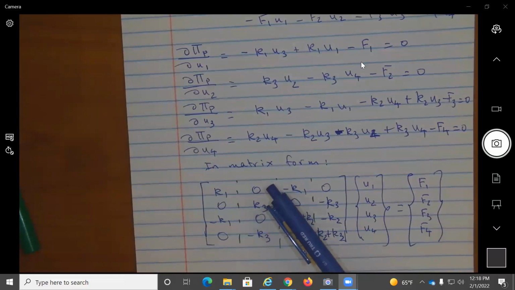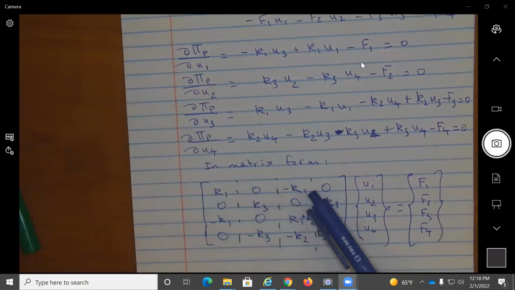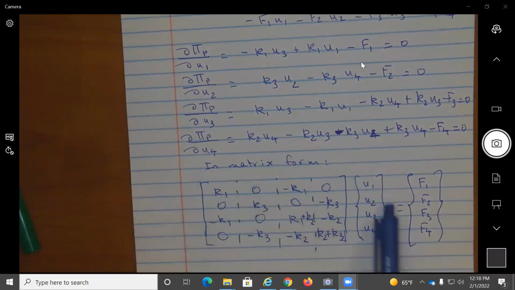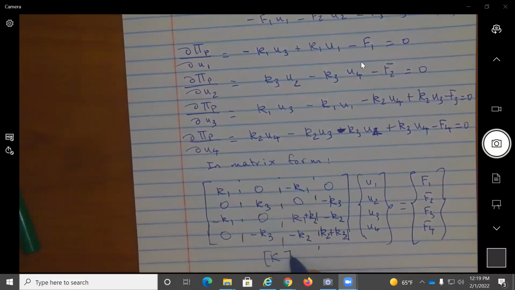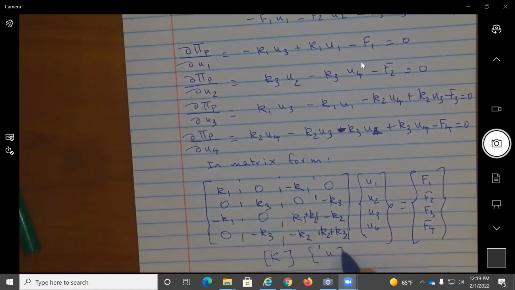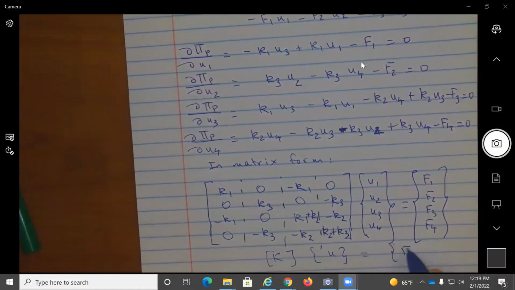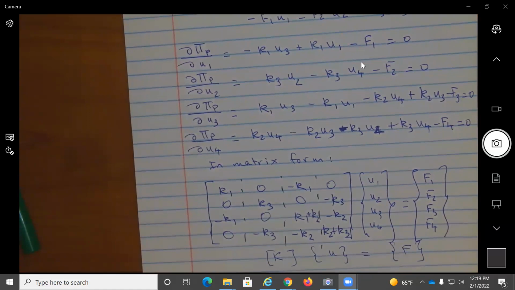If you look at symmetry, you can see this is a symmetric matrix. So this is a good check to make sure we wrote our global stiffness equations in terms of matrices. Of course, I can write this as K times U is equal to F. Please note, I'm using uppercase K and uppercase F because these are global stiffness equations, not element.